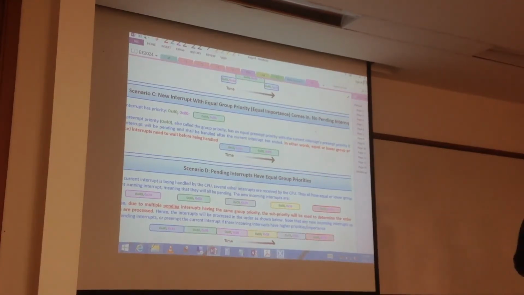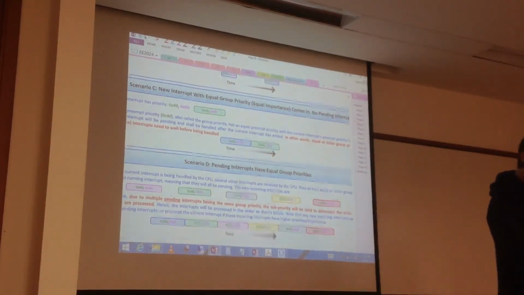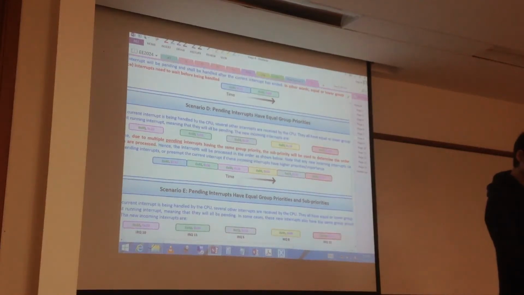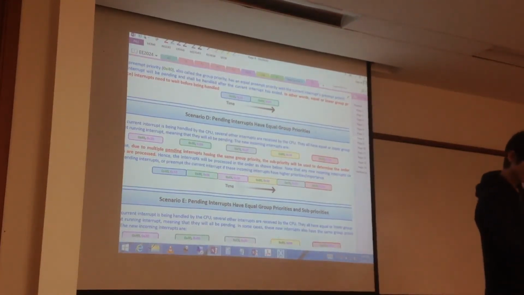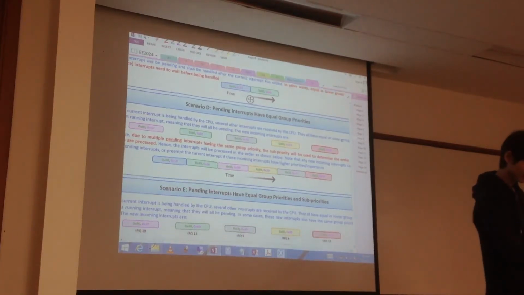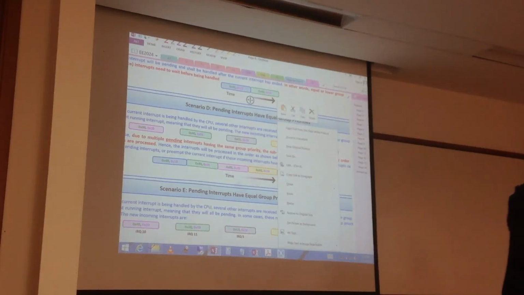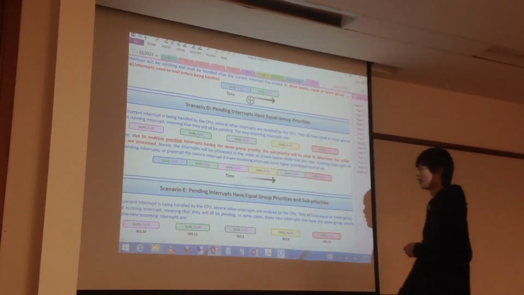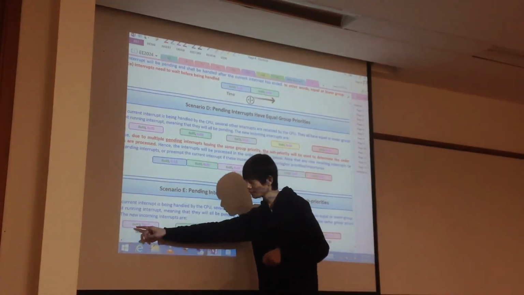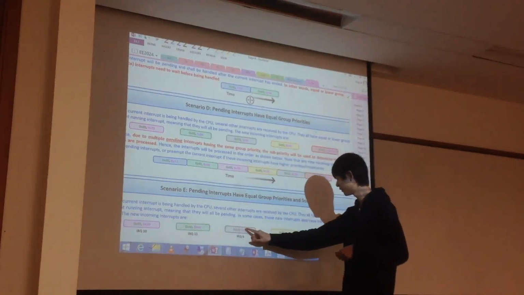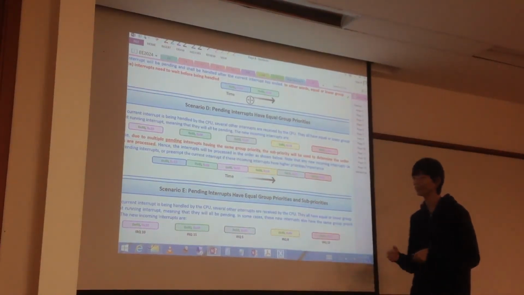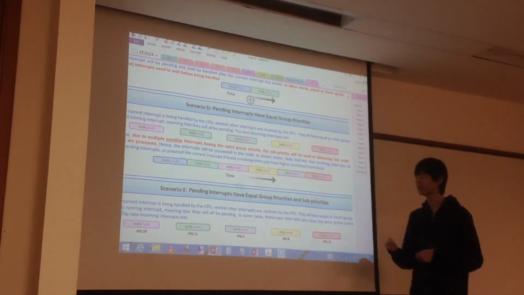What happens if we have, let's say, 4020, same group, same sub?